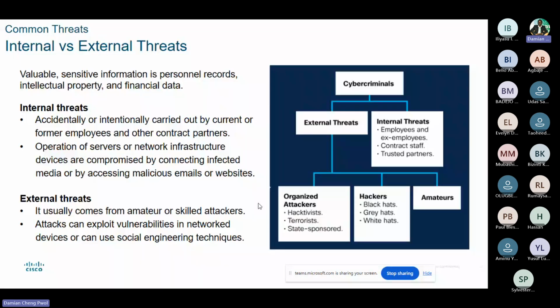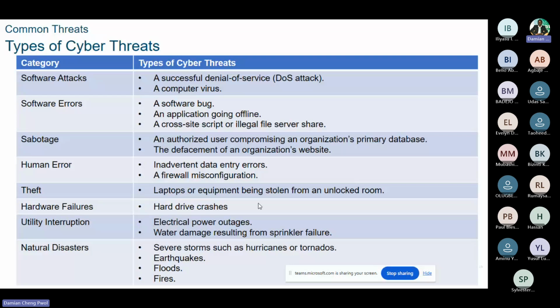Internal versus external threat. I think I need to throw a question here. You have a bank and you have an attacker, and the attacker has two options to connect to the bank. Let me repeat again.